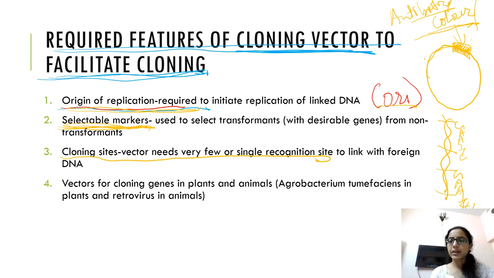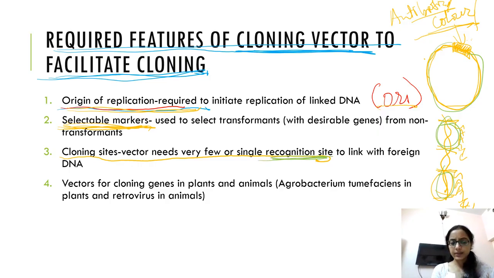If this plasmid is having multiple recognition sites, it will form many pieces of this DNA. This DNA will be broken into multiple pieces and it will be difficult to identify the gene of interest. So that is why the cloning vector should have only one or very few recognition sites.